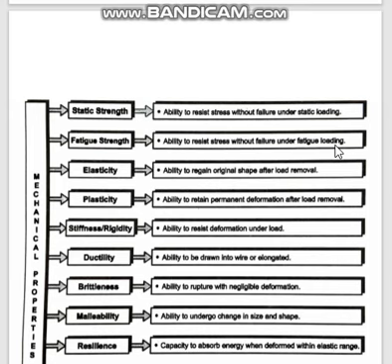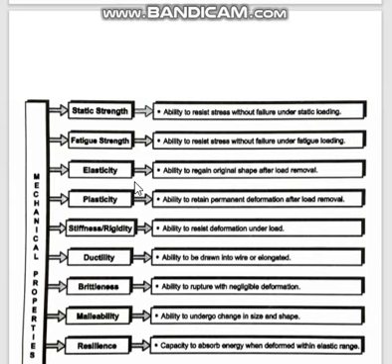That value under which the material will not fail is the endurance limit. So the ability to resist load without failure under fatigue loading is fatigue strength. If it can bear repeated loading well, then it has good fatigue strength.